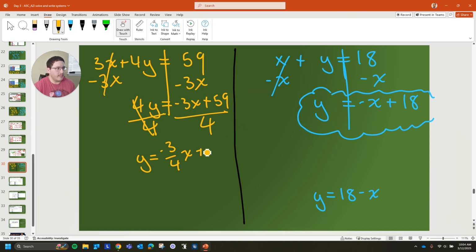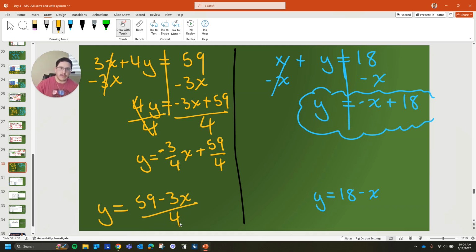So this is just positive 59 divided by 4. Or what we could have done is take 59 minus 3x and put it exactly as we see it right there, and then divide everything by 4 and just plug it into the calculator.